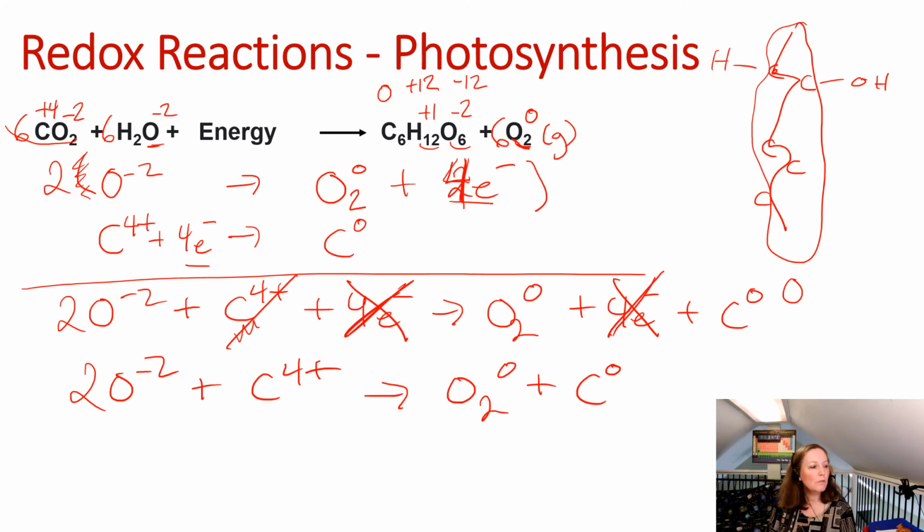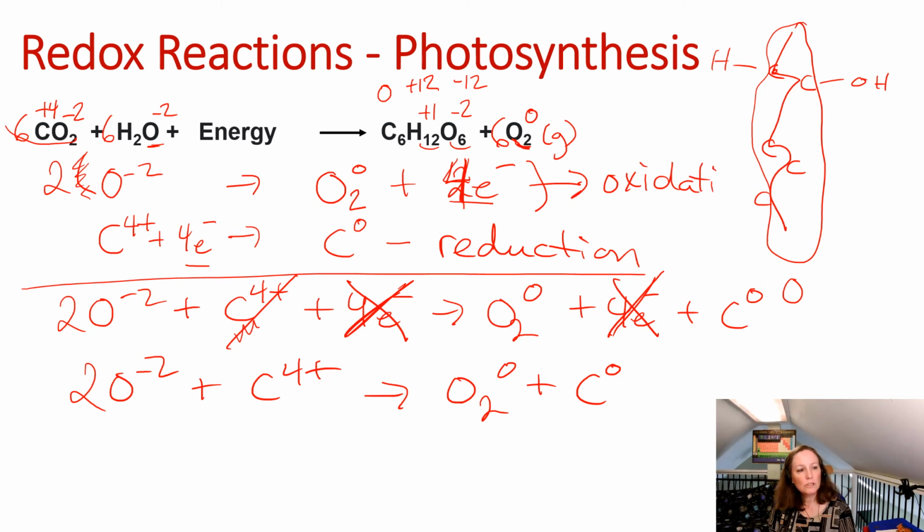So that gives you a sense that you've got two equations happening. You have a gain of electrons, so your carbon part is doing reduction. And then you're losing electrons, as in LEO, so that's oxidation. So this is showing you how this is a redox reaction for photosynthesis.